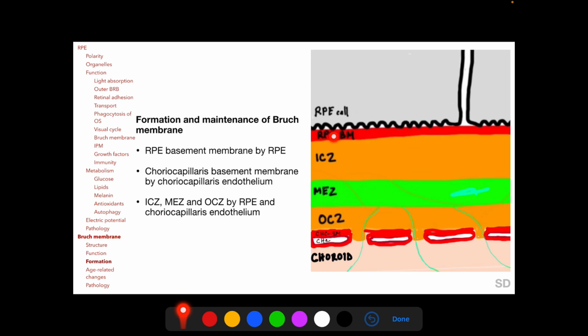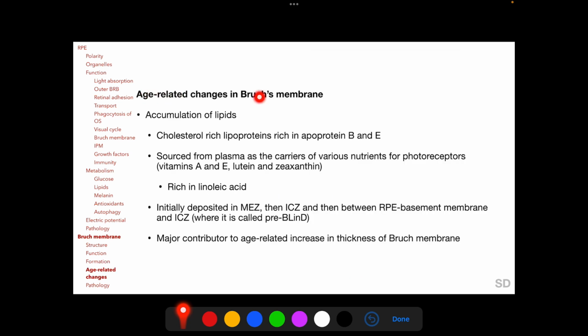The RPE basement membrane is formed by the retinal pigment epithelial cell, and the choriocapillary basement membrane is formed by the choriocapillary endothelium. The inner collagenous zone, the middle elastic zone, and the outer collagenous zone are formed by both the RPE cell and the choriocapillary endothelium.